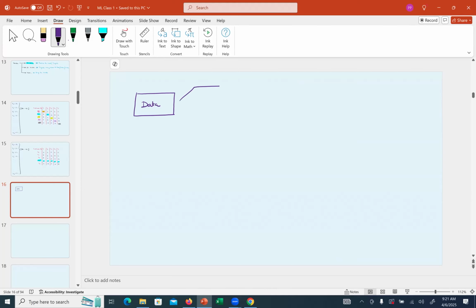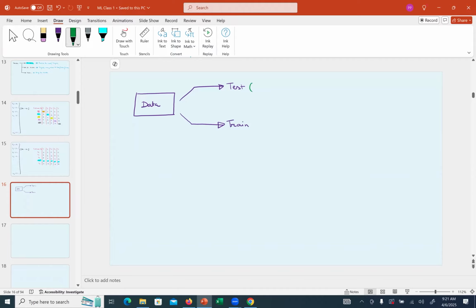I will split this data into two parts. We call it test and control. My bad, test and train. Training data and testing data.